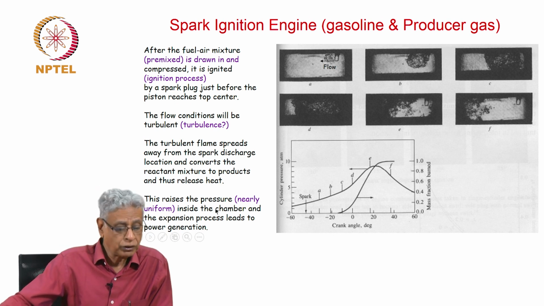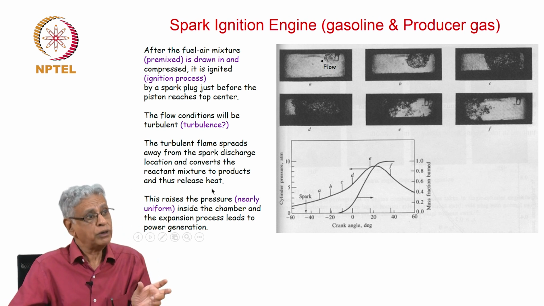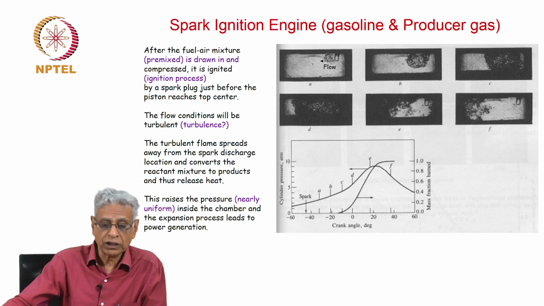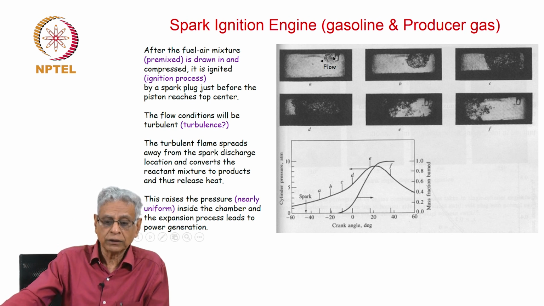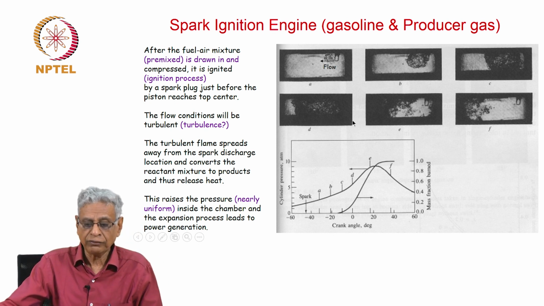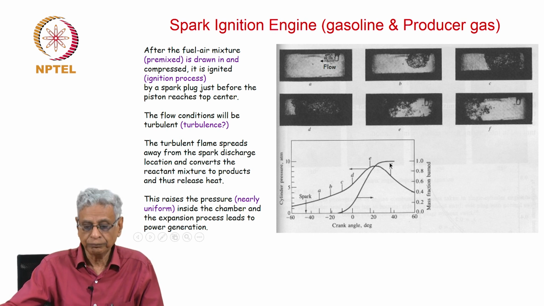This raises the pressure, which is nearly uniform inside the combustion chamber, and the expansion process leads to power generation. You see in these figures a spark plug, and the flame begins propagating at various stages in its life, and you see at the end that the flame has burnt up most of the composition at this stage. All the mass of the gas has been burnt into products.